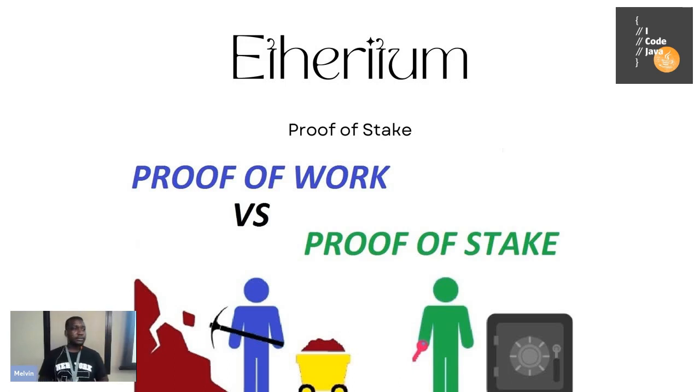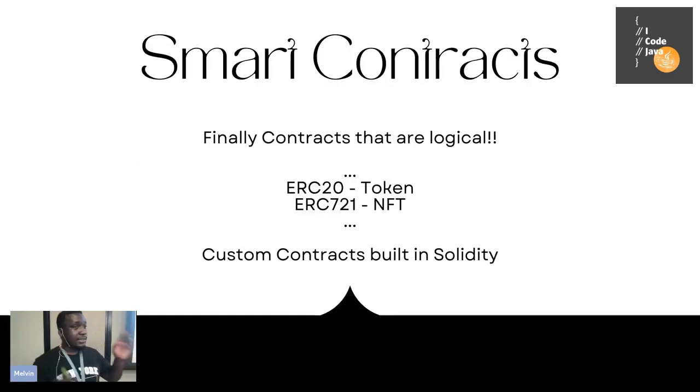We can build any token. We can build any contract that we want. So ERC20 is the standard for tokens: buying, selling, transferring, all that. That's the standard. We have NFTs, ERC721, which is also a standard. But you can go and build your own custom contracts as well using Solidity.